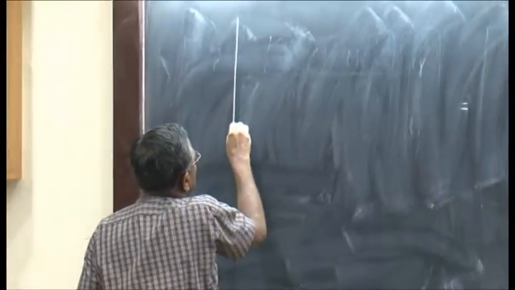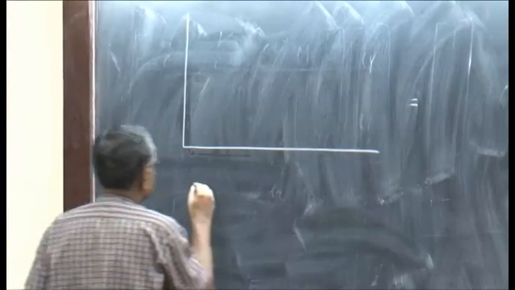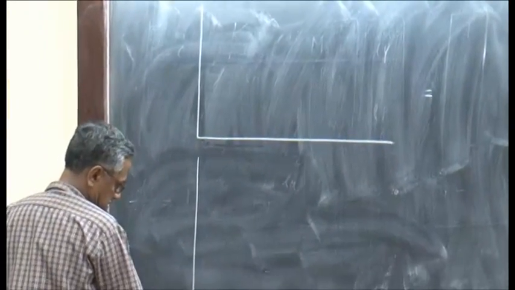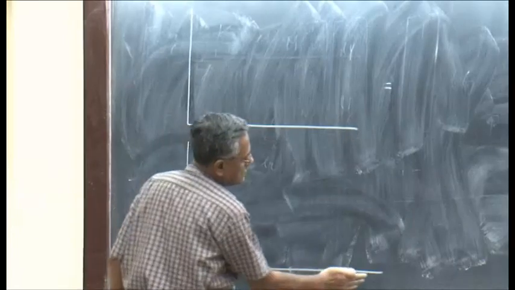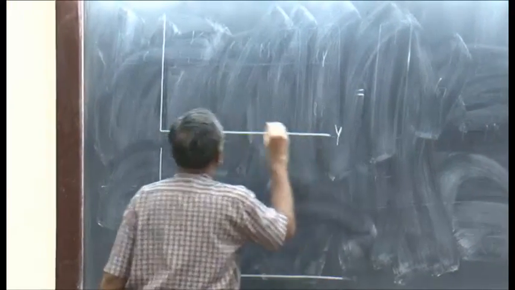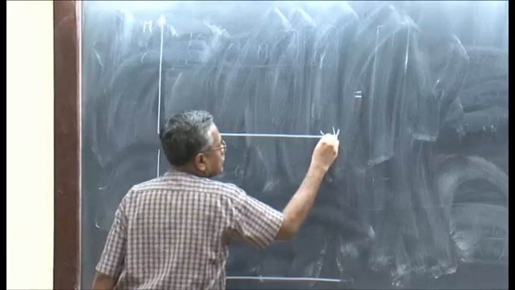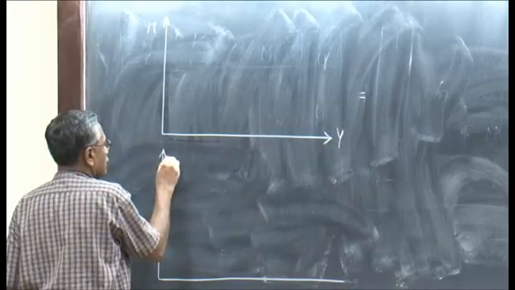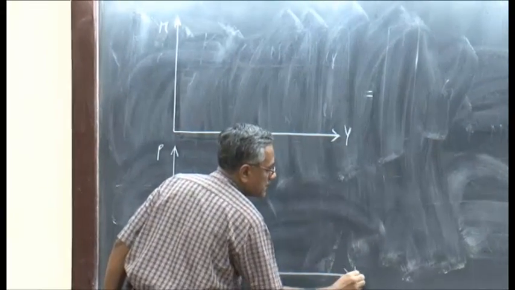Two parts. First is the ISLM diagram, and underneath I will have the aggregate demand, aggregate supply diagram.